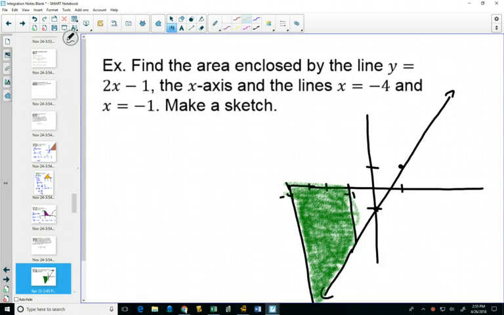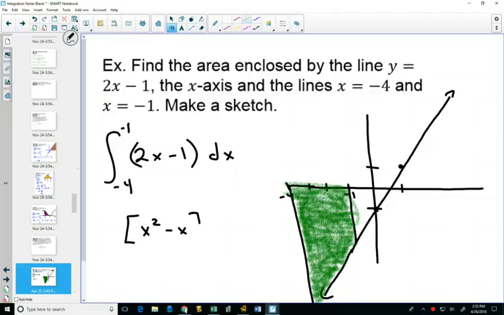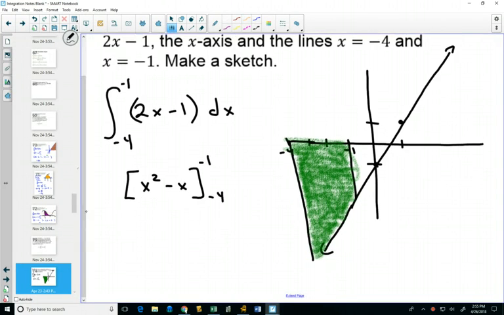So if we find the integral from -4 to -1 of 2x minus 1, we're going to get x squared minus x, from -4 to -1.